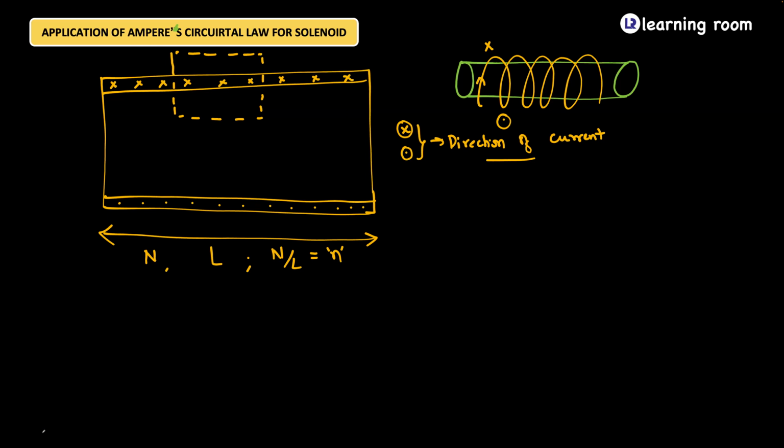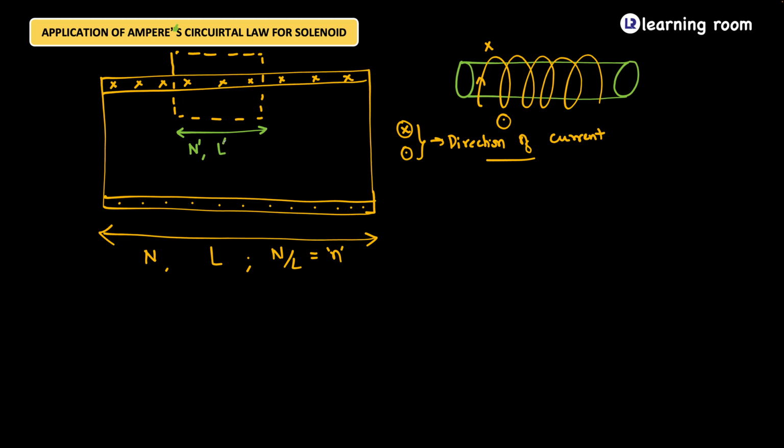Now, if I take this length to be small l, right, and I take the number of turns to be n dash, okay, or else I'll do one thing. I'll take the number of turns to be n dash, and the length of this portion to be l dash.